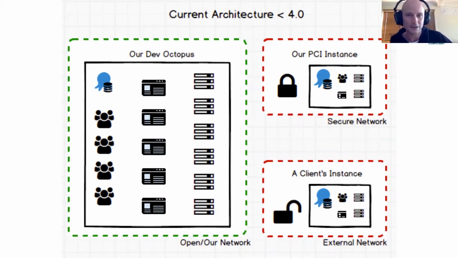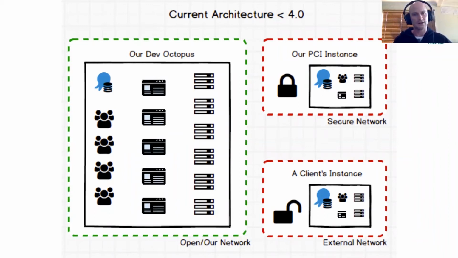Or you might actually be reaching out to third-party client instances. One of the customers, Confirm IT, has blogged about this recently. They have a product that they install on third-party client machines, and the way they've chosen to do that was installing an instance of Octopus Server inside the client's network, but there's no real connectivity between them.